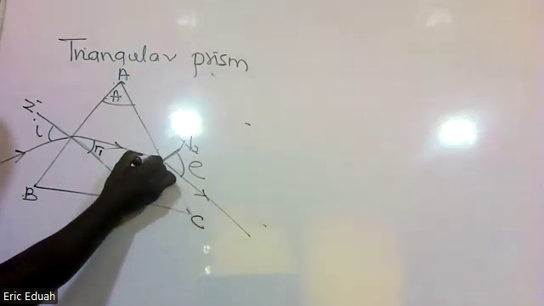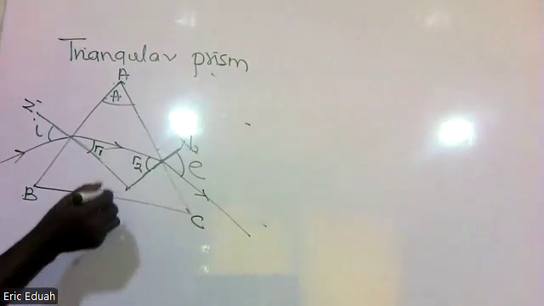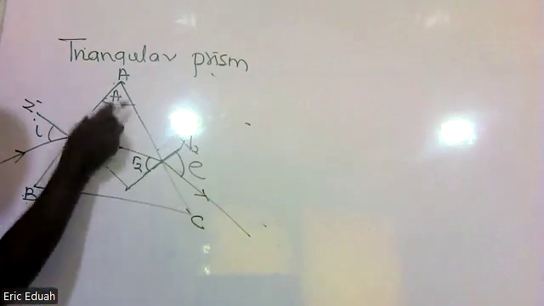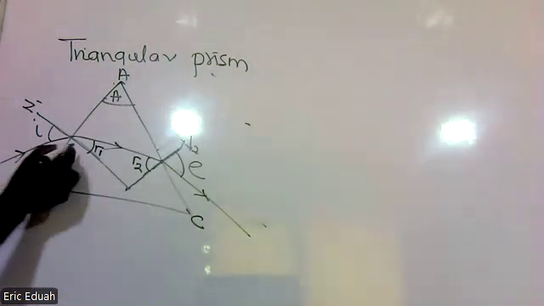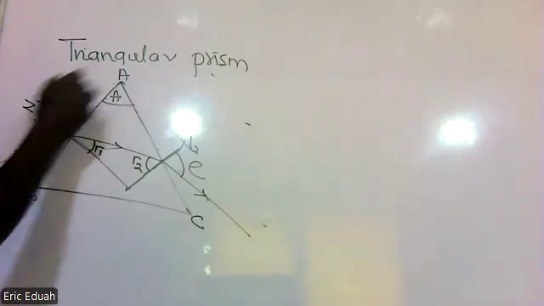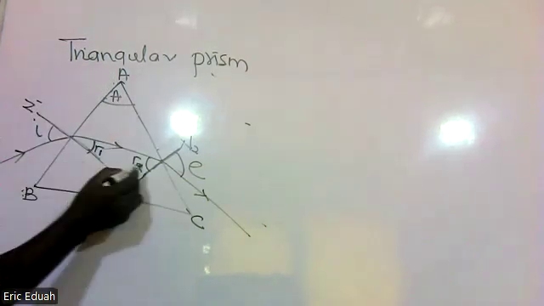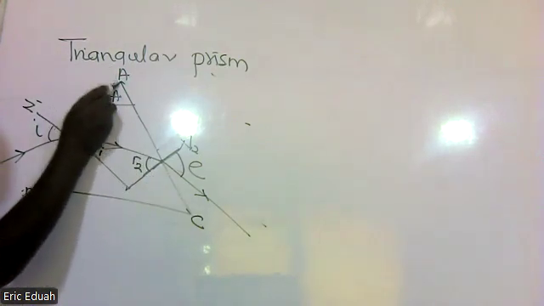Then this side is also R2. R2 is the angle of refraction with regards to the side AC. So this is the first angle of refraction in connection with the plane AB, and then the second angle of refraction in connection with the side AC.